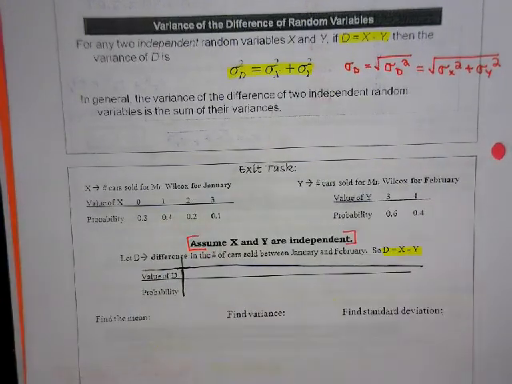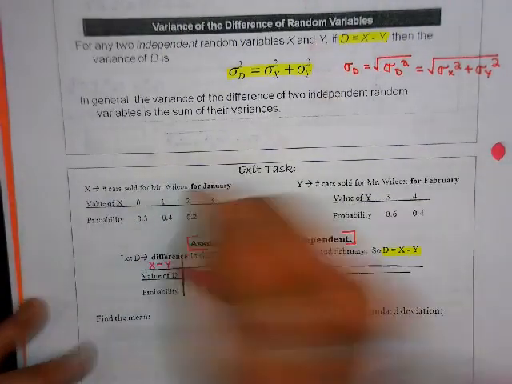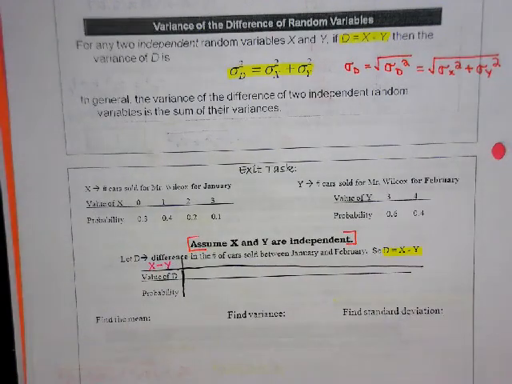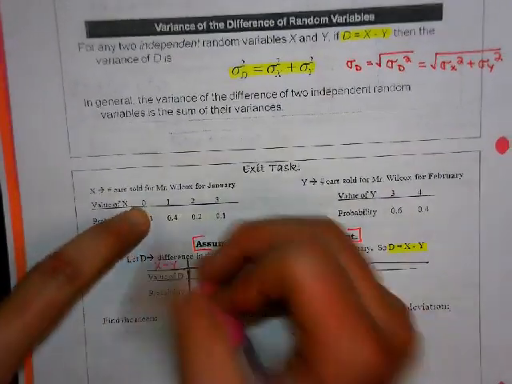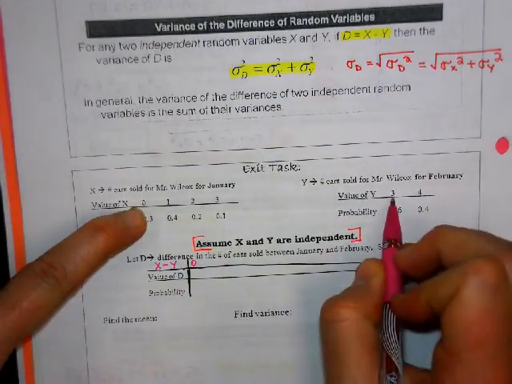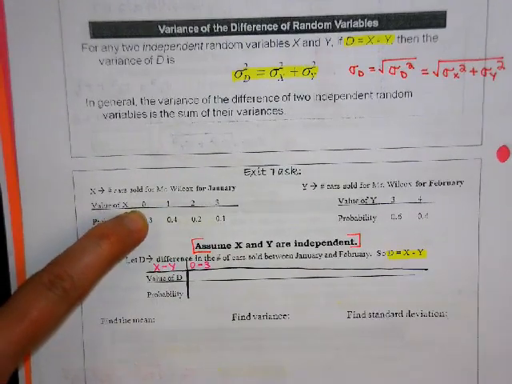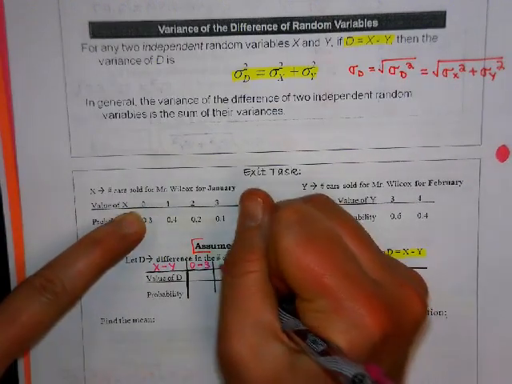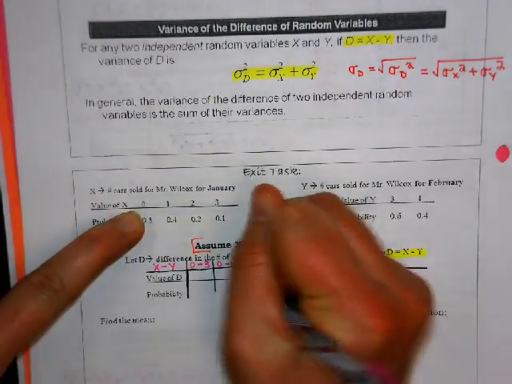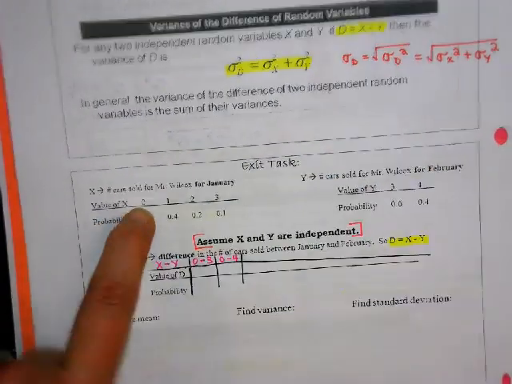So in January, Mr. Wilcox could have sold 0 cars, and then he could have sold 3 in February. So the first combination is 0 minus 3. He could have sold 0 cars in January and 4 in February, so then we have 0 minus 4. If he sold 1 car in January and 3 in February, or 1 in January and 4 in February.